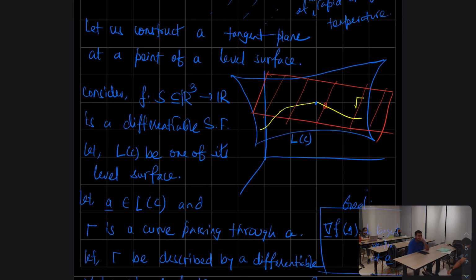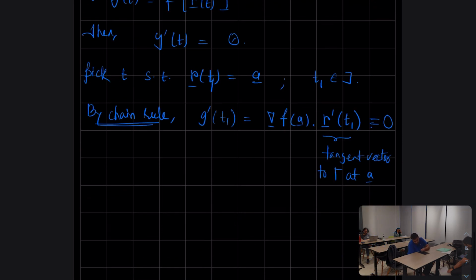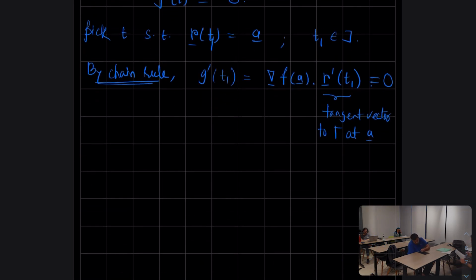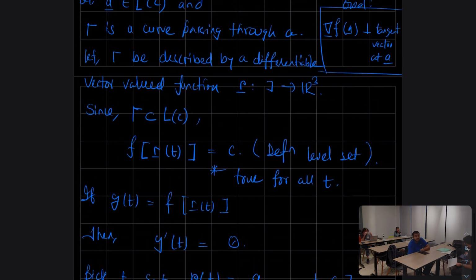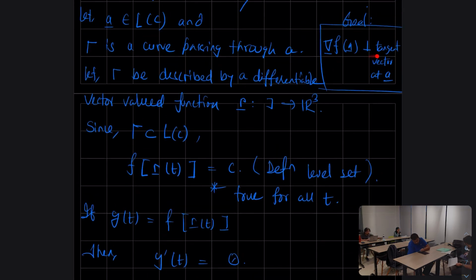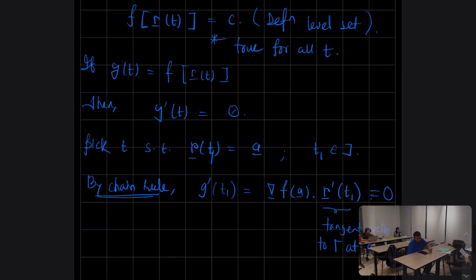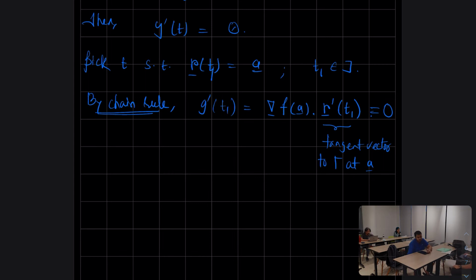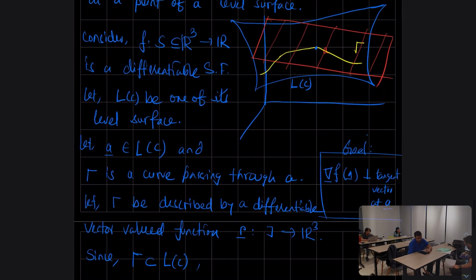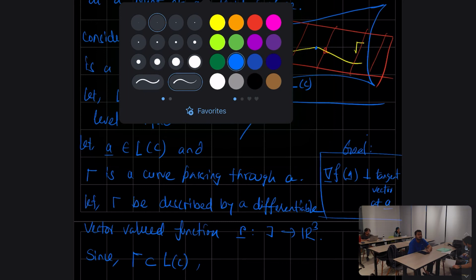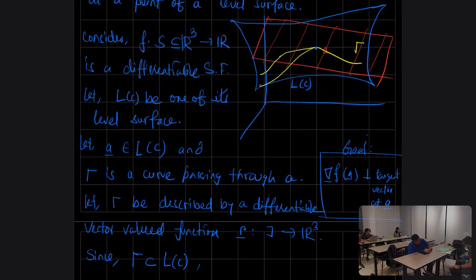So this is A, this is the curve gamma, and at every point there are tangent vectors that can be constructed from the vector valued function which describes gamma. That's what we have been able to show: the gradient, and this is what we set out to prove, will be orthogonal to the tangent vector. Now we can repeat this for any curve, for many other curves passing through the point.